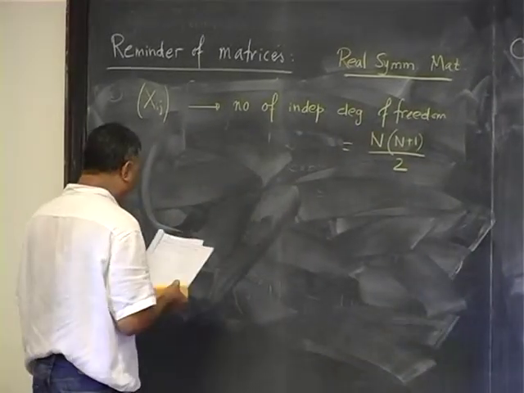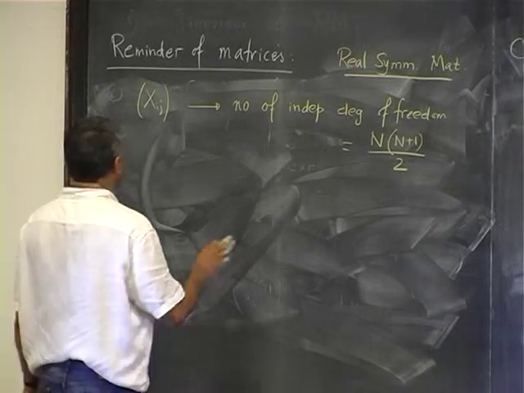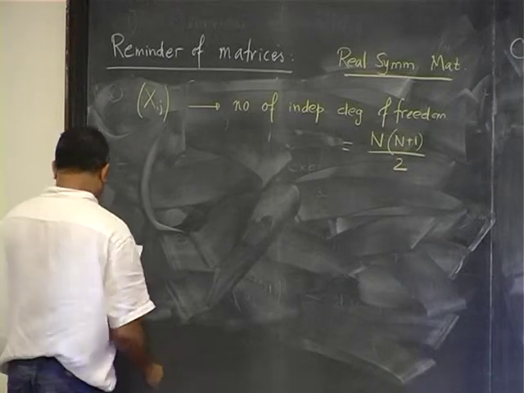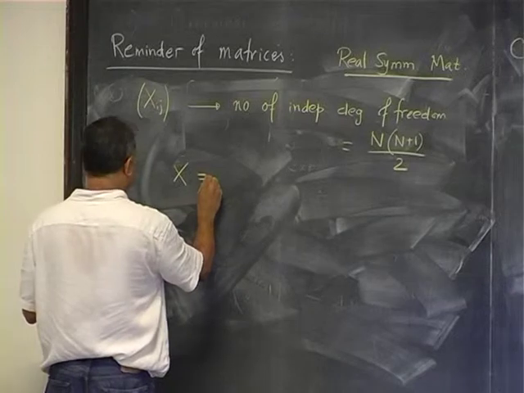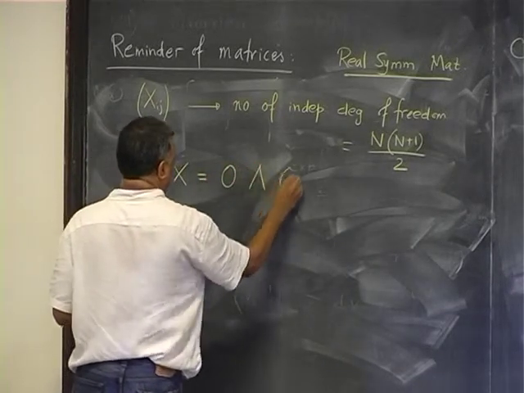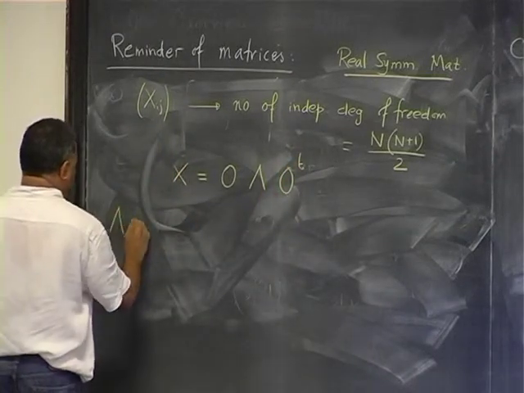Okay. So what's the idea now? So I'm going to diagonalize this matrix Xij. So when I diagonalize, that means I want to write down X, where this lambda is the diagonal matrix.